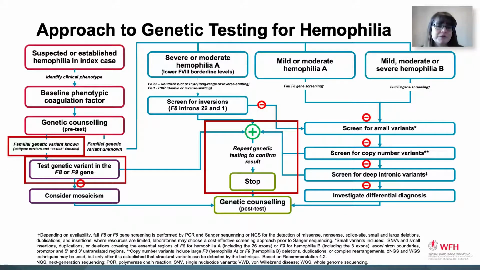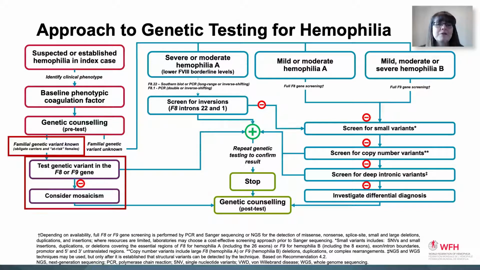In these individuals, if we don't find the underlying familial variant, then we'll take different strategies. For example, if this was a mother of an index case where we hadn't found the familial variant, then we need to consider mosaicism in this individual.